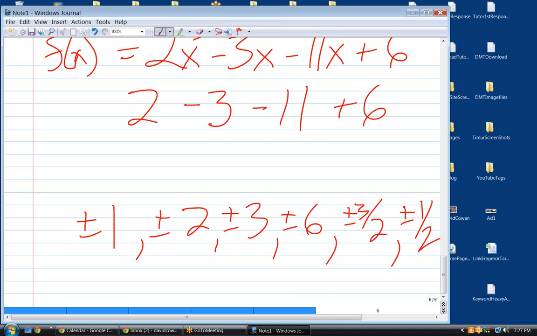Synthetically works better because if it is a solution, we'll have the quadratic that's left over. Whereas if we plug it in, all we're going to determine is whether it's equal to 0. We won't know what's left over, and then we'll still have to do synthetic division. So actually synthetic substitution works the best because it's 2 steps in one. It gives you the answer if it is a solution. So what's the first one to try?